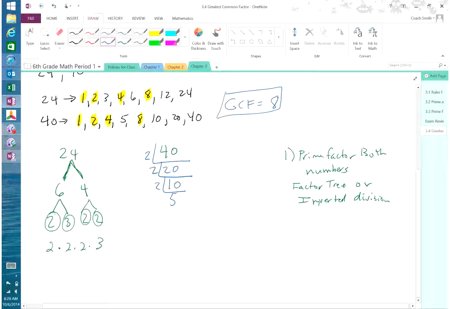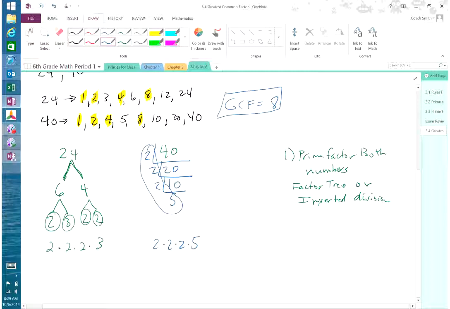Okay? So it's 5 prime. Is it? Okay, so that's where I stop. Okay, so here's all my prime numbers with inverted division. All in a neat little row there, and that's why I like it probably more so than the other.